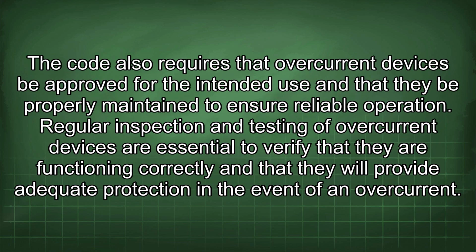The code also requires that overcurrent devices be approved for the intended use and that they be properly maintained to ensure reliable operation. Regular inspection and testing of overcurrent devices are essential to verify that they are functioning correctly and that they will provide adequate protection in the event of an overcurrent.